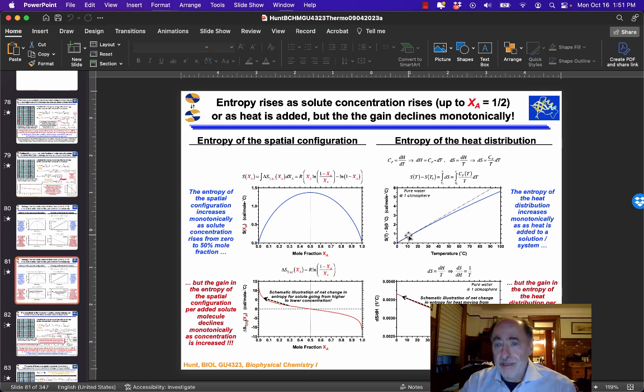However, the gain in the entropy of the heat distribution, which is once again the slope of this line, although it remains positive, as in this case all the way up to whatever temperature you can get to, always more heat going in, always more ways to arrange the heat, but the gain in the number of ways to arrange the heat declines monotonically with temperature. That is the Gibbs relationship, and so there is essentially parallel behavior between the entropy of the spatial distribution and the entropy of the heat distribution.